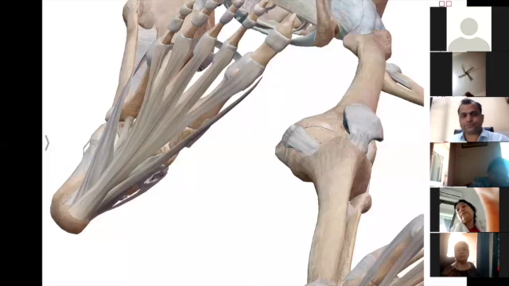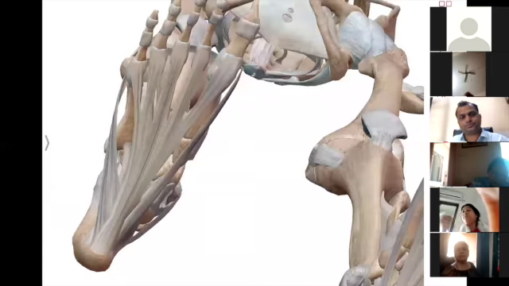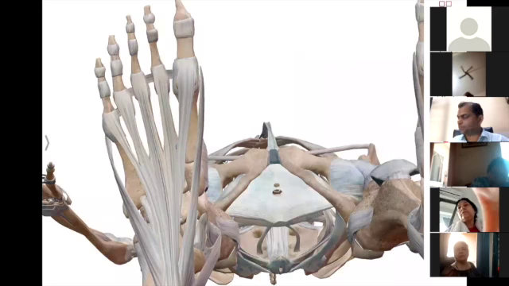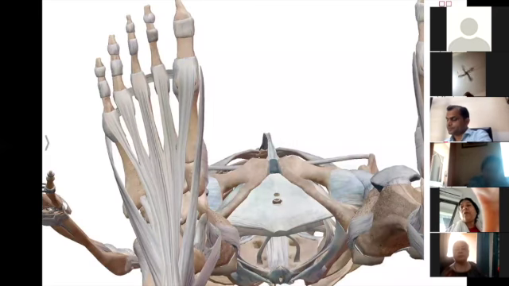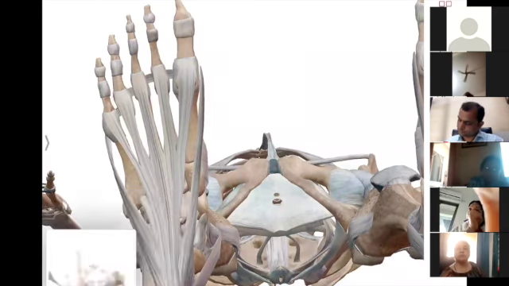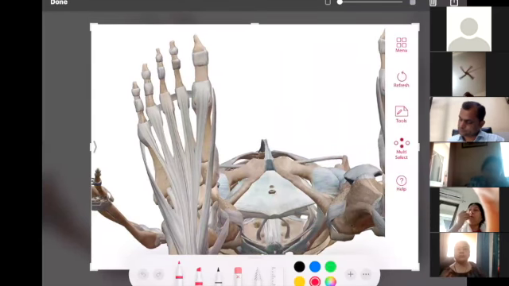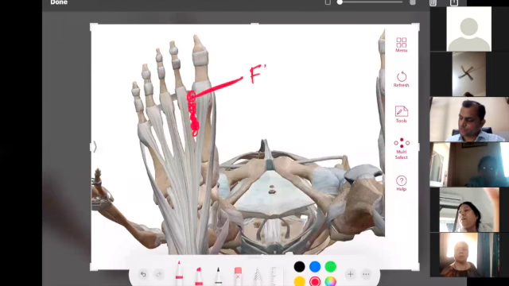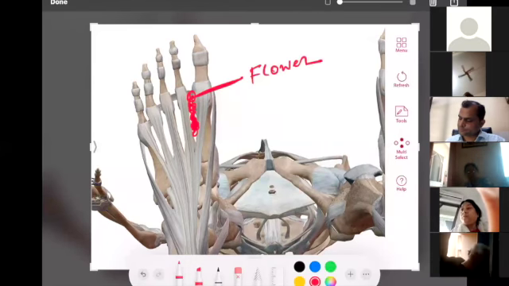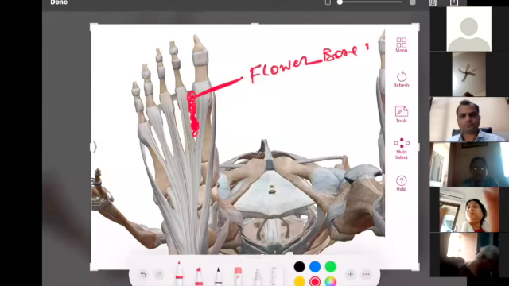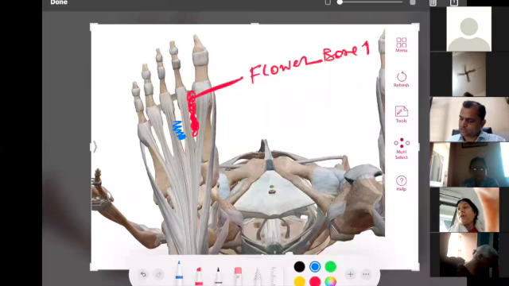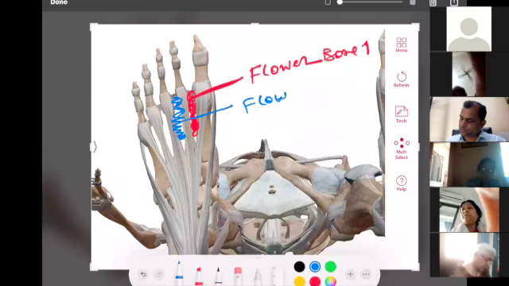As per Master Tung, if we put the point between the first and second metatarsal bone, this is called flower bone 1. If we put the point between the second and third, it is called flower bone 2.